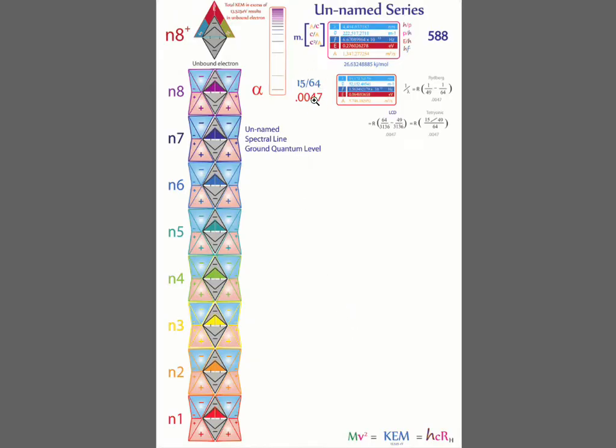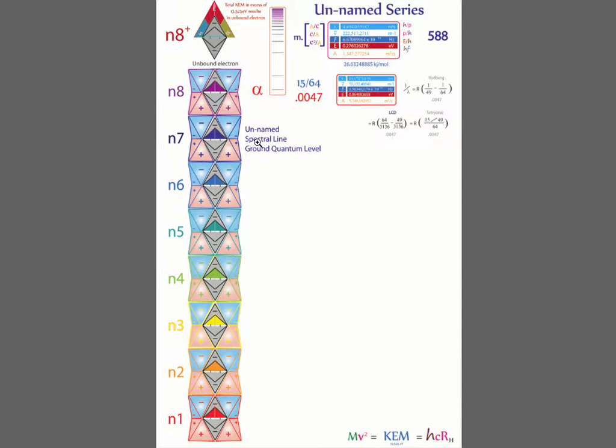Extremely fine fractional change of energy here, 0.0047. Again, Tetryonics allows us to calculate this and deem that it is a physical reality, and with a bit of work we should be able to measure these. This particular series, even though it's named an unnamed spectral series, because it's a transition to N7, is in fact one spectral line.